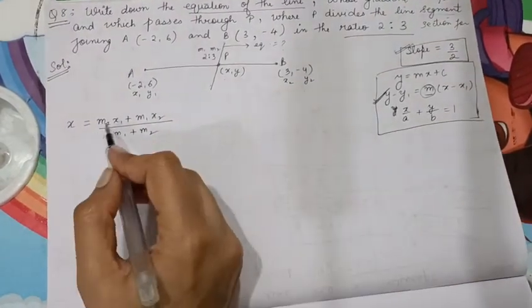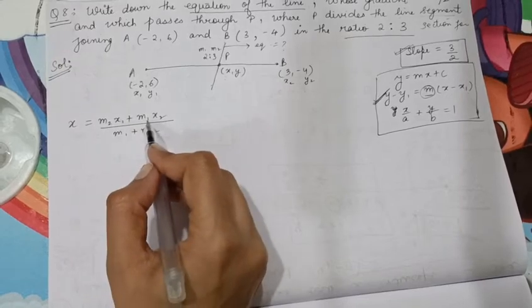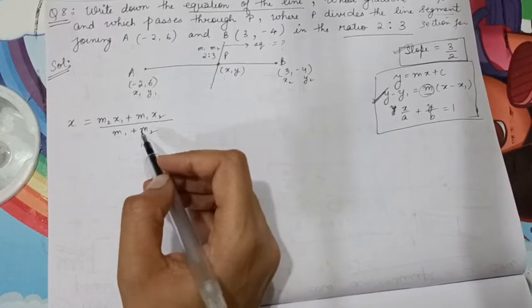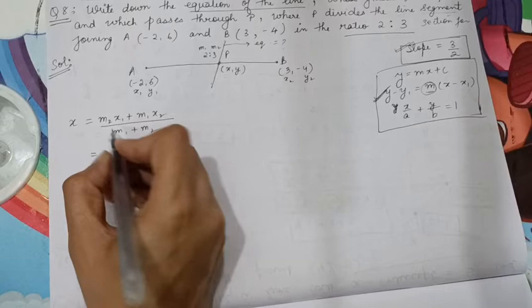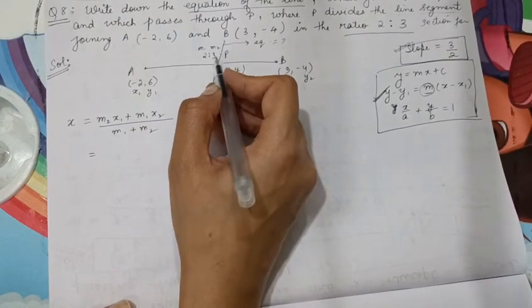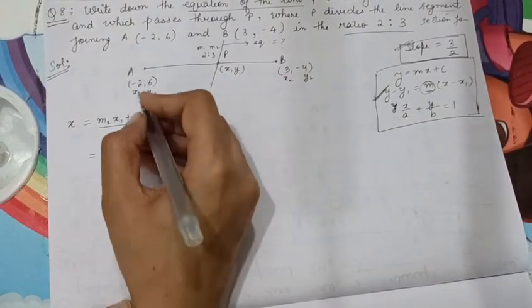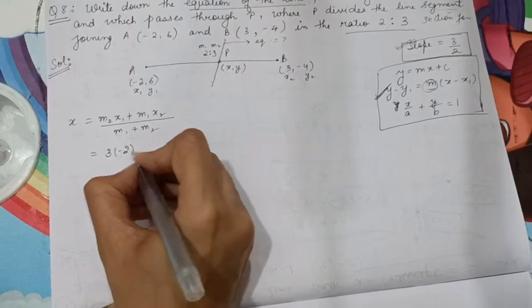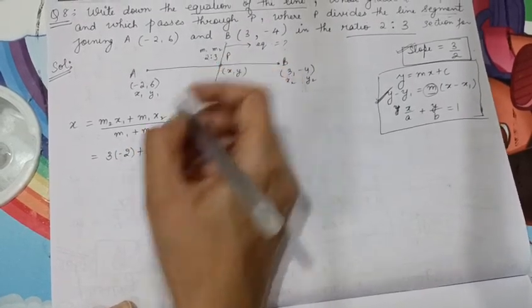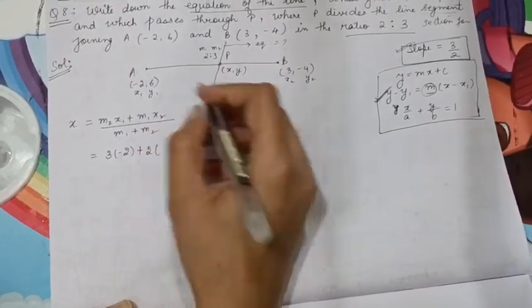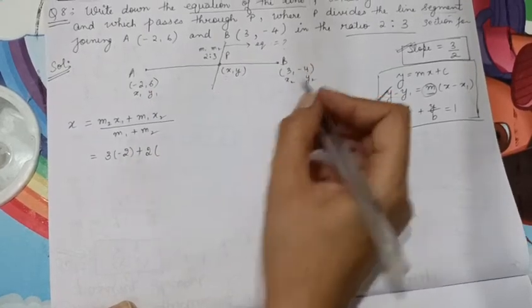It is very easy to remember: 2 is always with 1, so m2 and x1 come together. m2's value is 3, x1 is minus 2, plus m1's value is 2, x2 is 3.